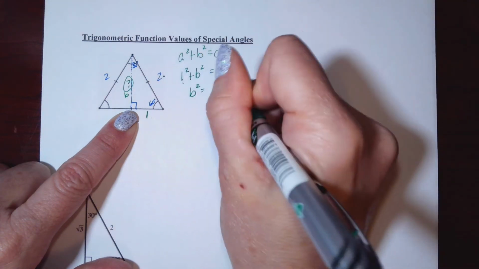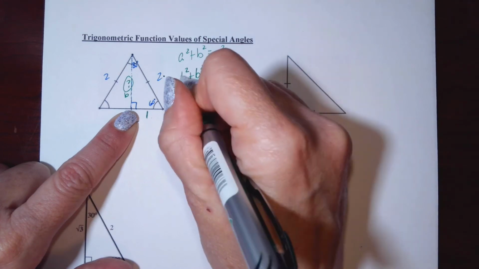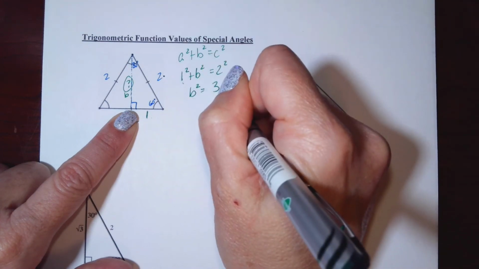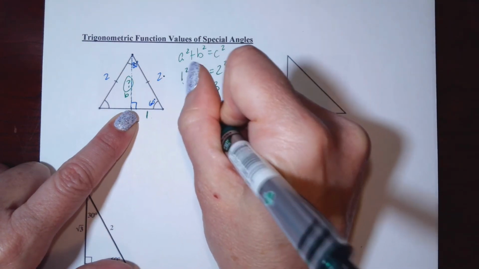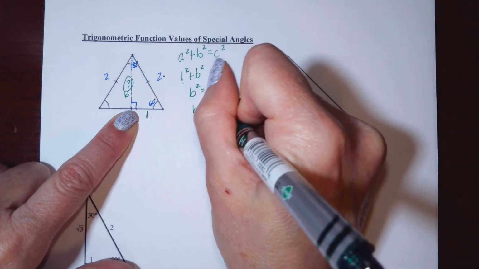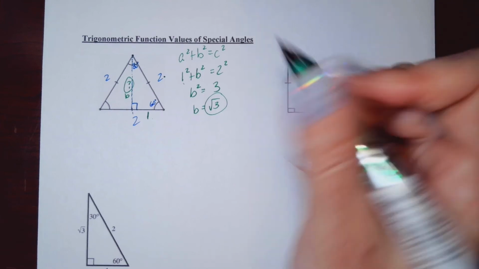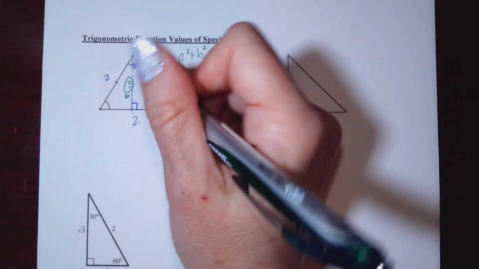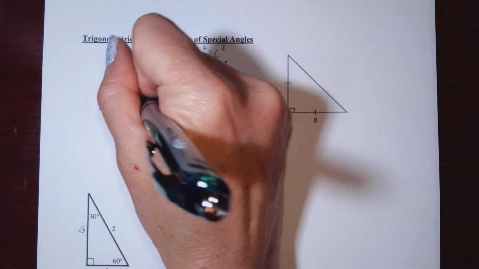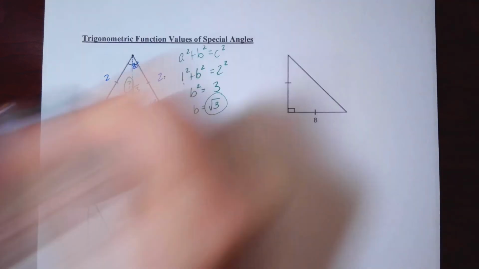So b squared is going to be equal to 4 minus 1, which is 3. Which means b, when I take the square root of both sides, is square root 3. So if I have this right triangle, my measurements are 1, 2, and square root 3.